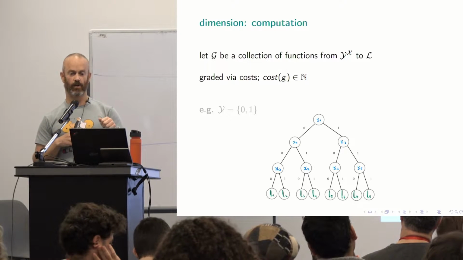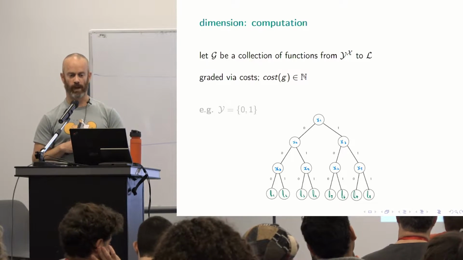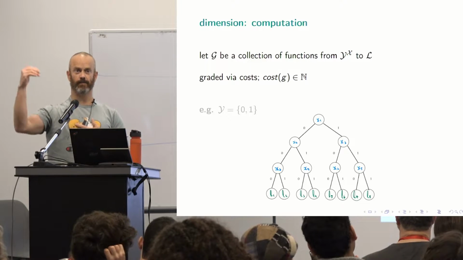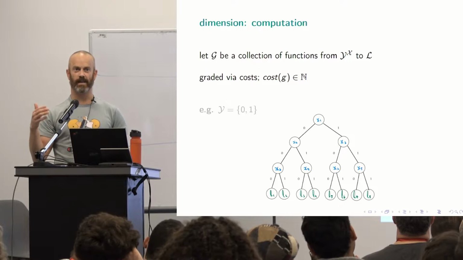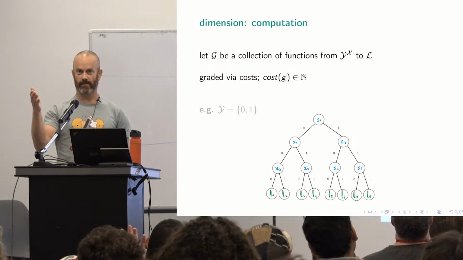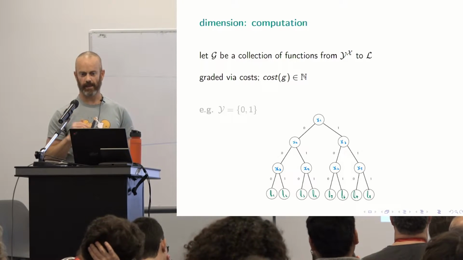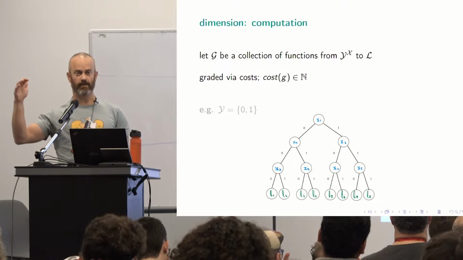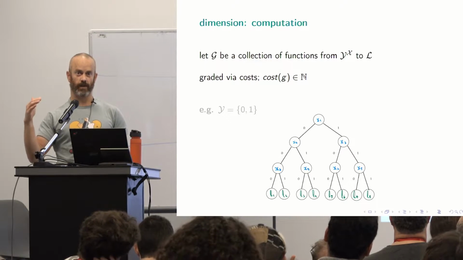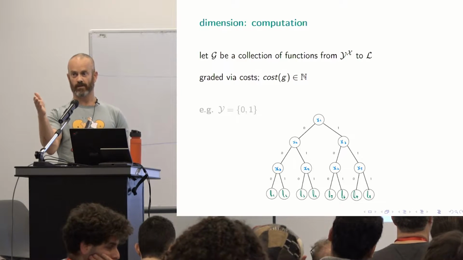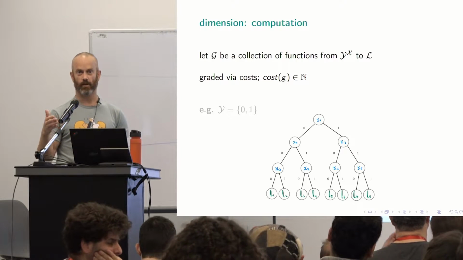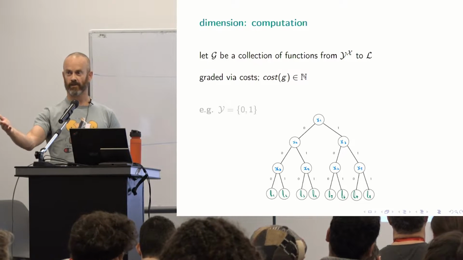So G is a collection of functions from Y to the X to some target space L. L is, in the example below, the set of leaves. So L is some set. And this collection of functions is graded by cost. So every function has a cost associated to it. This is the computational complexity of that function.